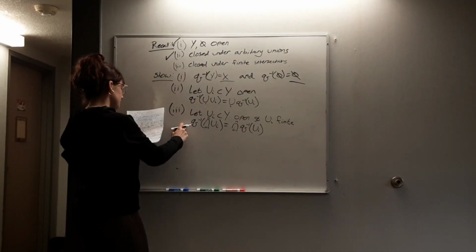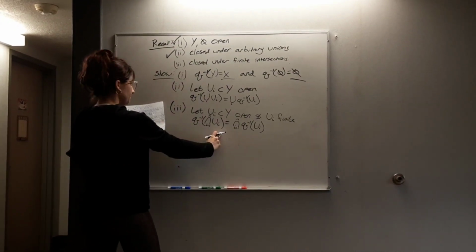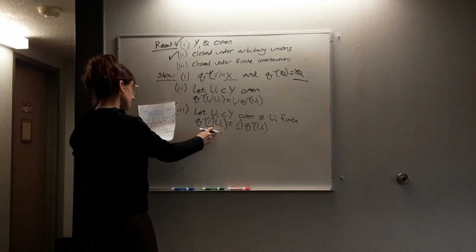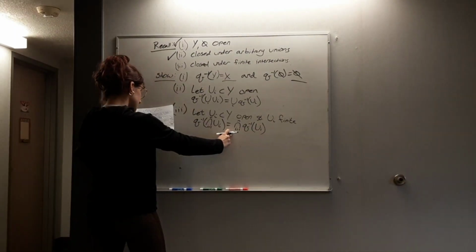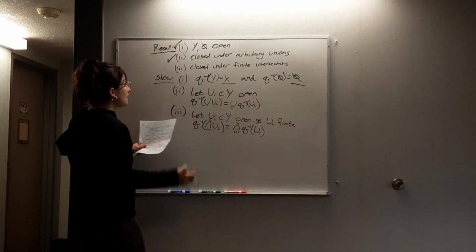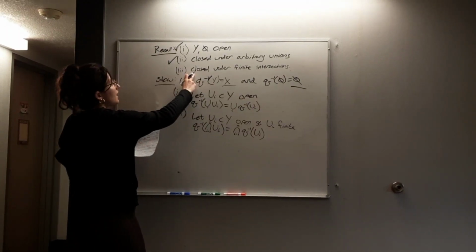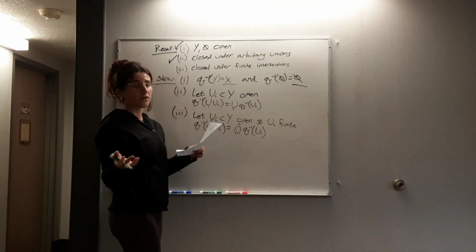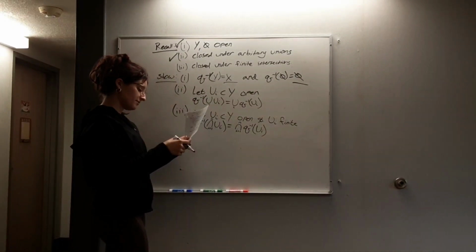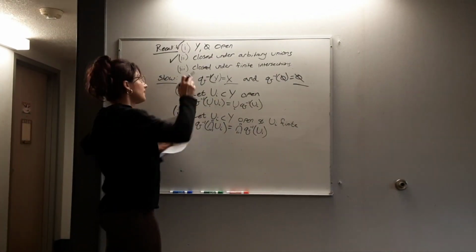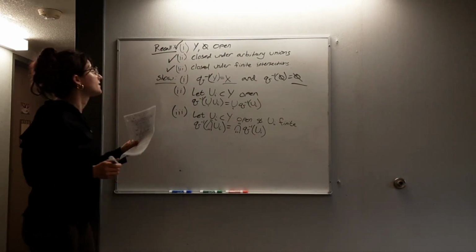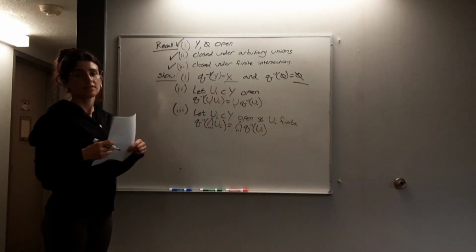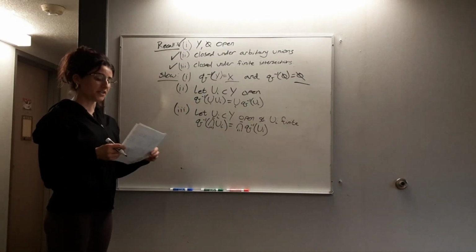Since Q inverse of this is open, we know the intersection of finitely many sets is going to be open on X again, and X also satisfies this, so we have shown that the quotient topology satisfies the third condition of what it means to be a topology.